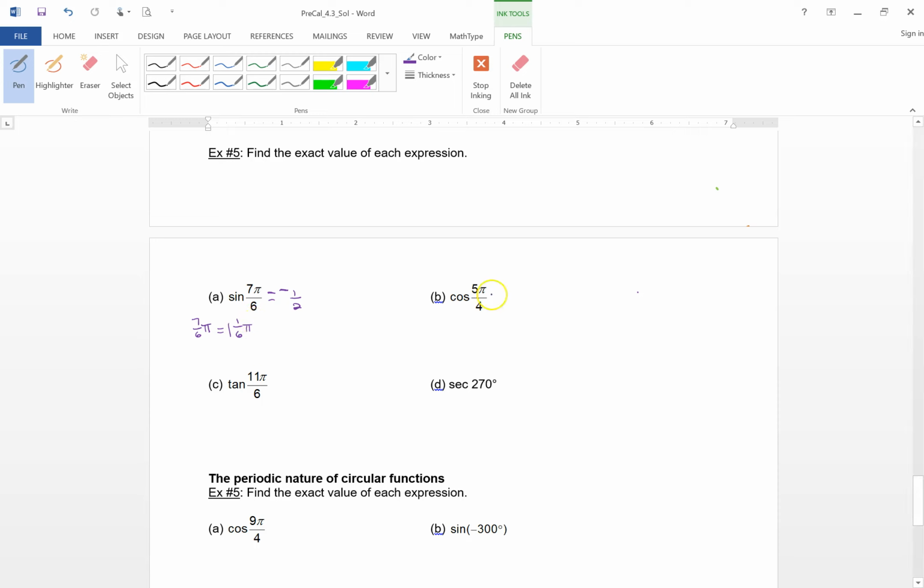Now look at this one. 5 pi over 4. This is 5 over 4 pi, which is 1 1/4 pi. So look. That means I go a full pi and then 1/4 of a pi. That's like my 45-degree triangle, right?